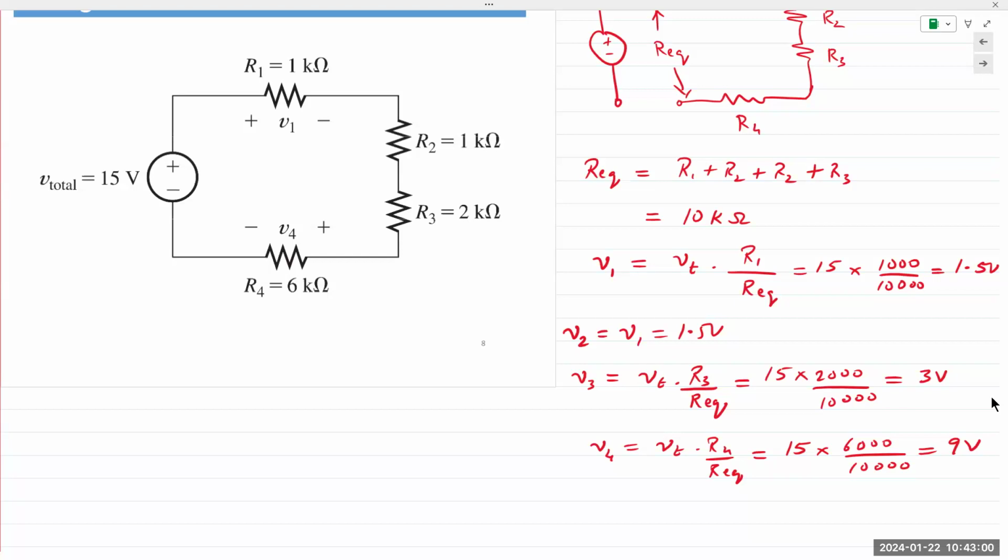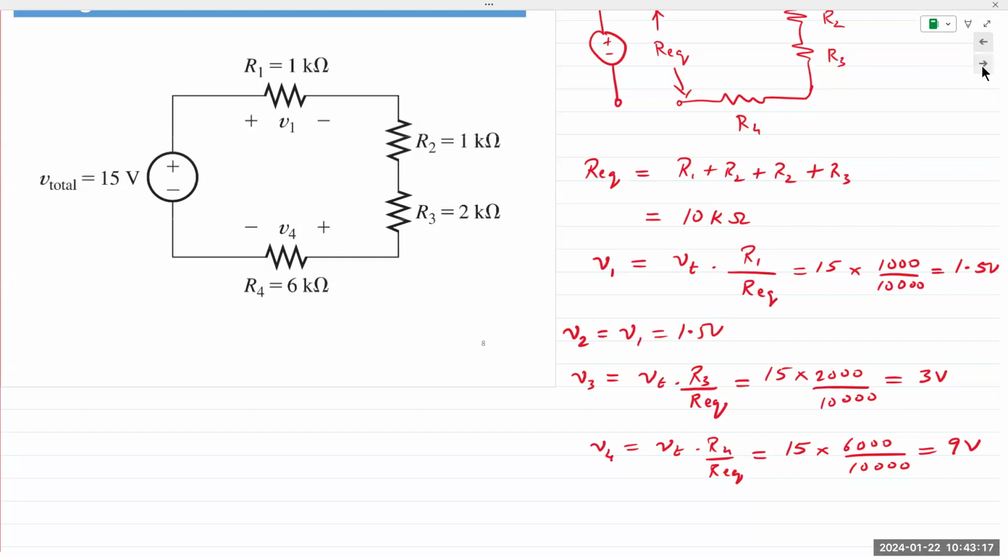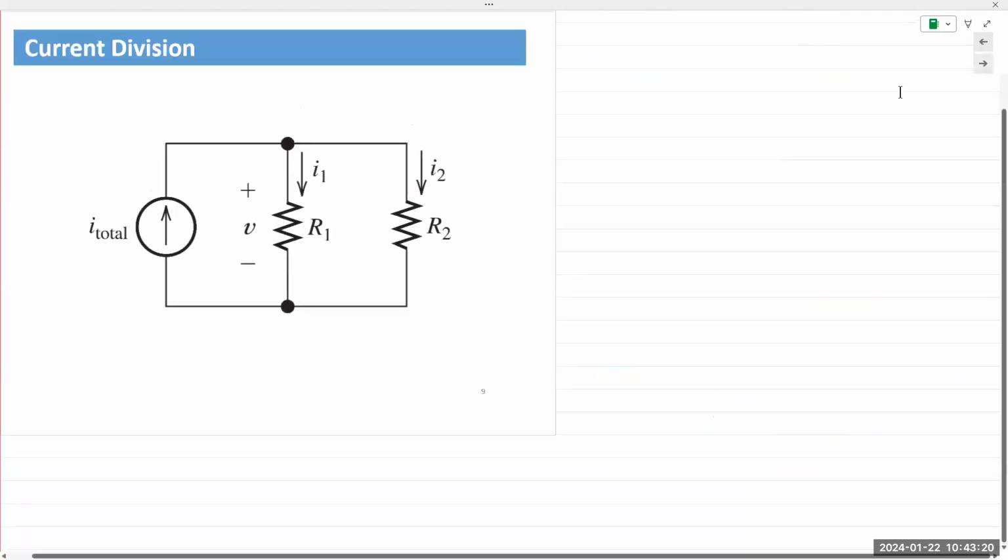Any questions? Any questions at all? Okay. Then moving on from voltage division to current division.